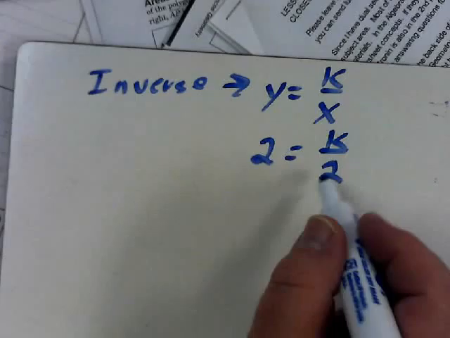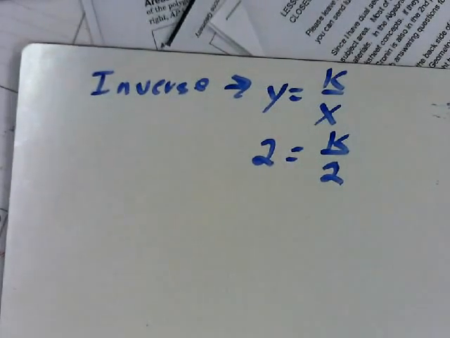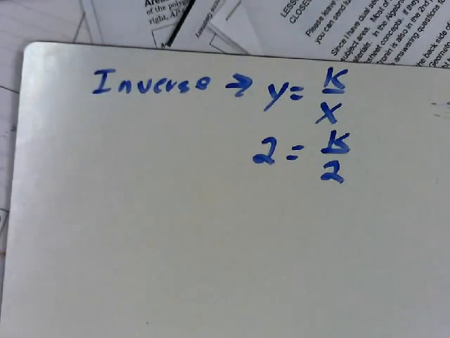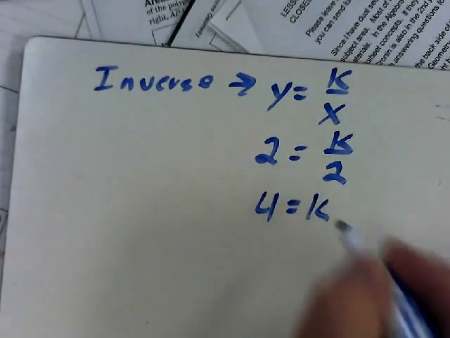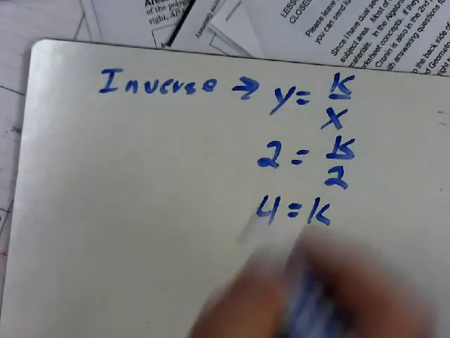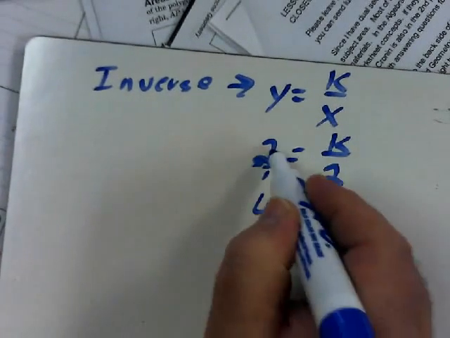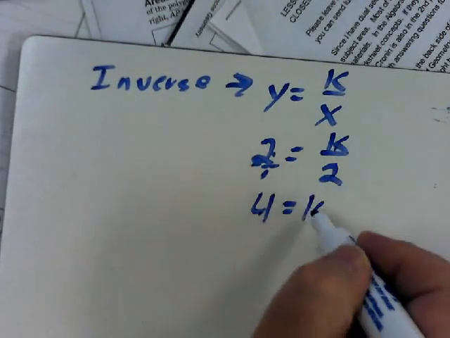Well, how can I find k? Multiply by 2. So that means I'd have 4 equals k, by cross multiplying: 2 times 2 is 4, 1 times k is k.